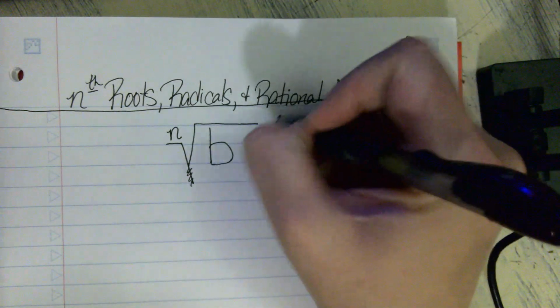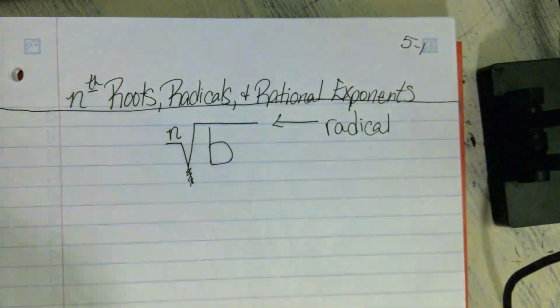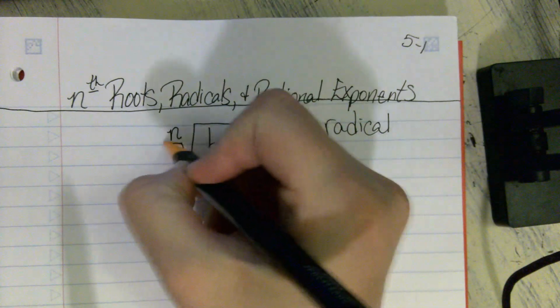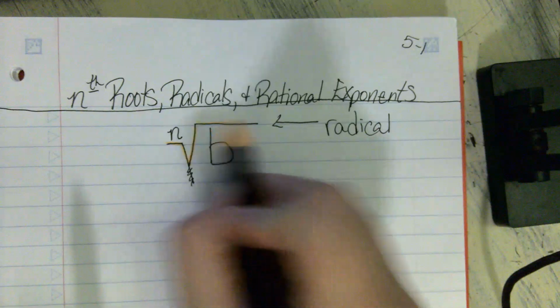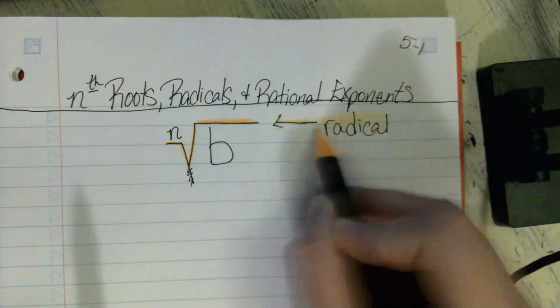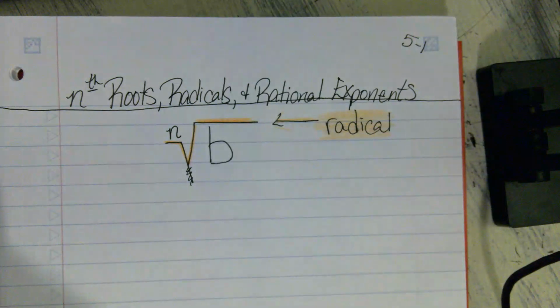Alright, so let's break this apart. The symbol itself is called a radical. Again, a lot of times you'll hear teachers and people call them square root symbols, but it's actually called a radical.